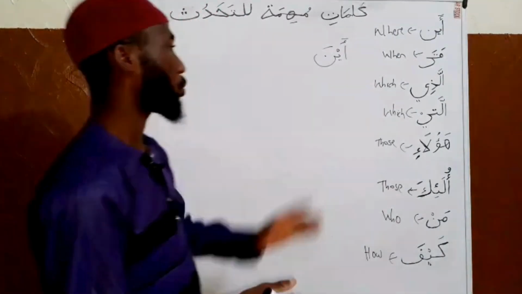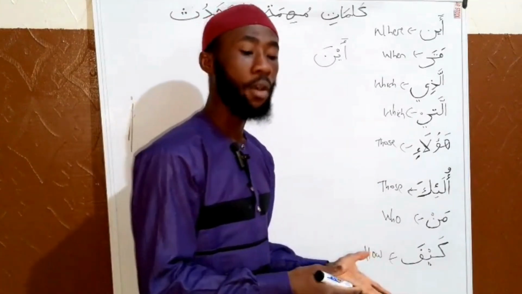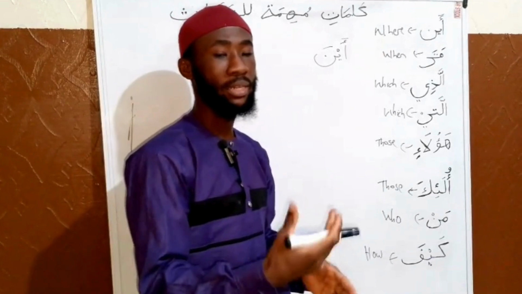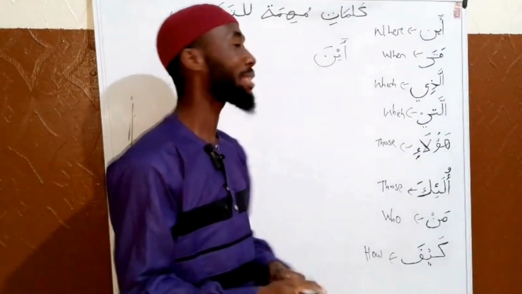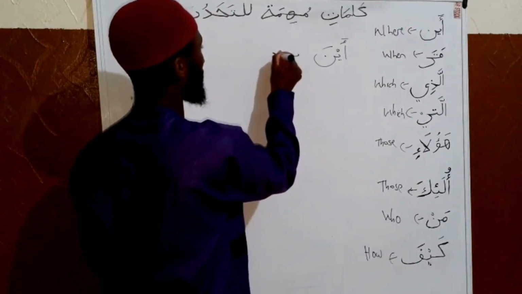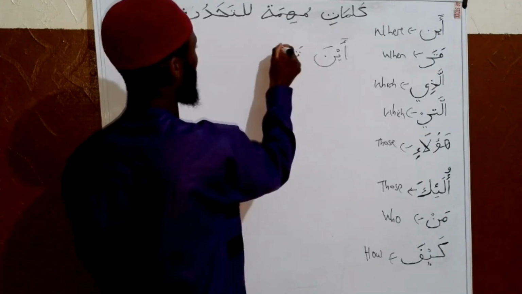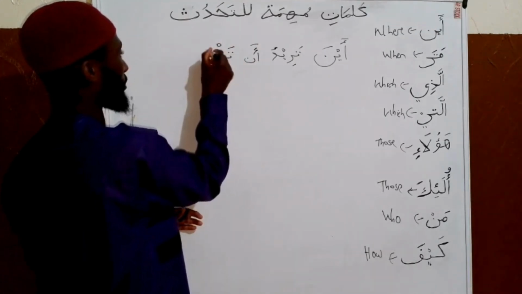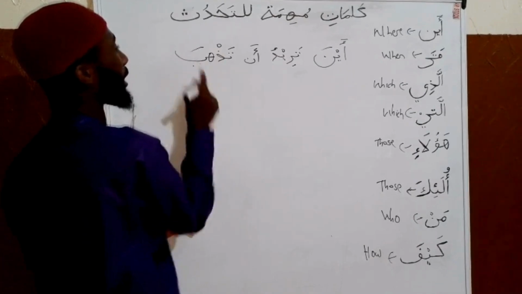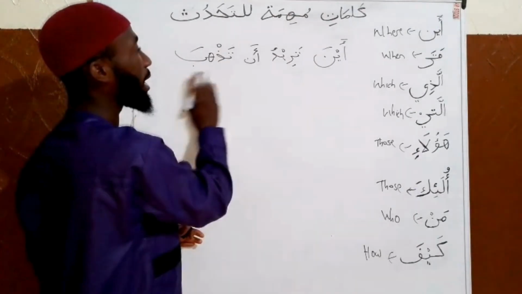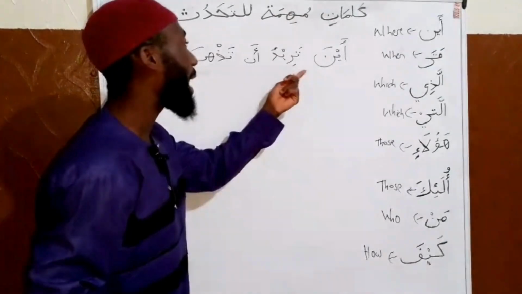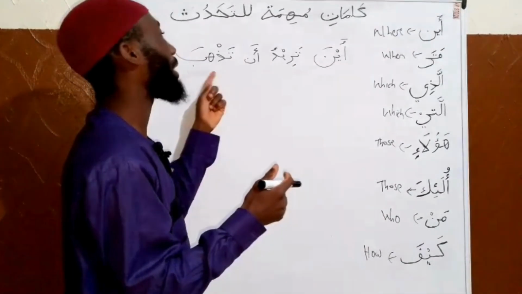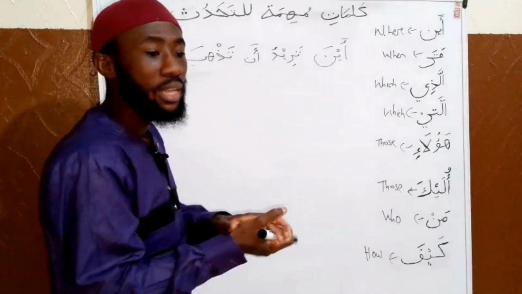We want to use aina to form a sentence. If I say aina turid an tadhhab, أين تريد أن تذهب, that is, where are you going. أين means where, تريد means want. أين تريد أن تذهب, where are you going.